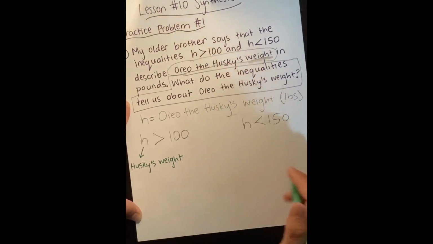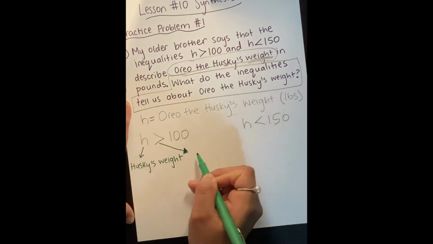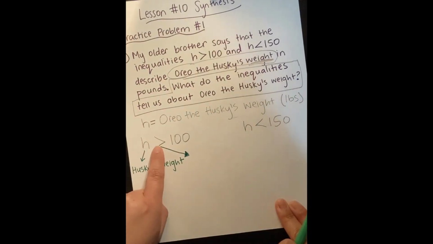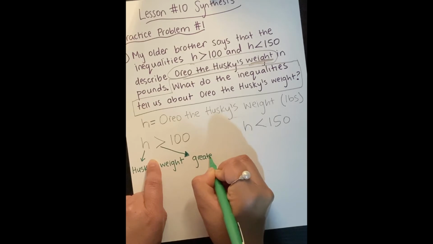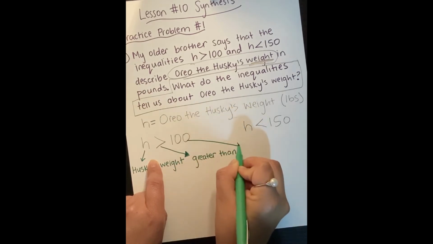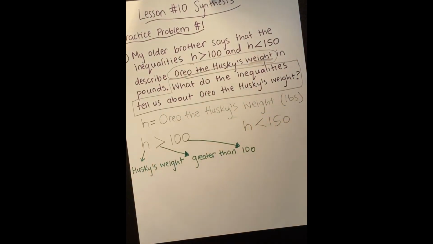And then I am going to take this inequality, and I know that this inequality means greater than. So I am going to write greater than, and this over here is just the number 100.